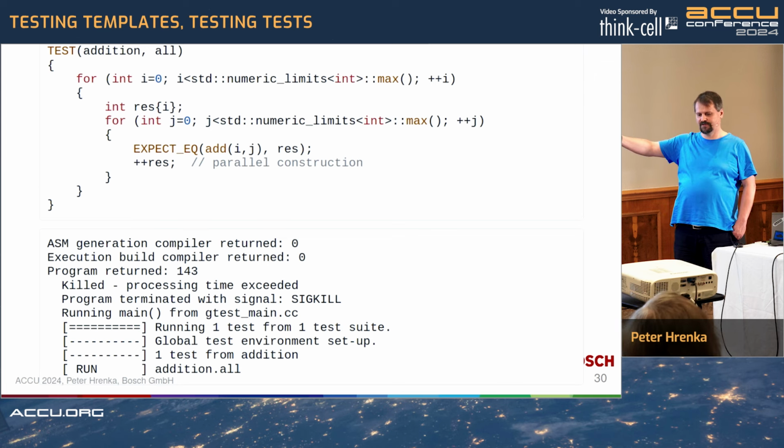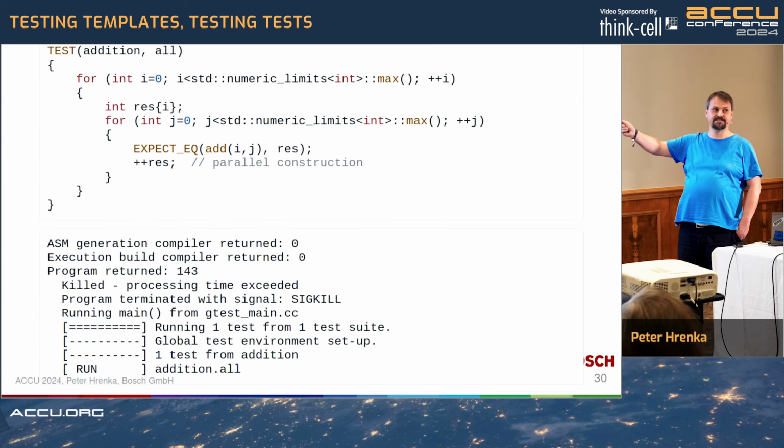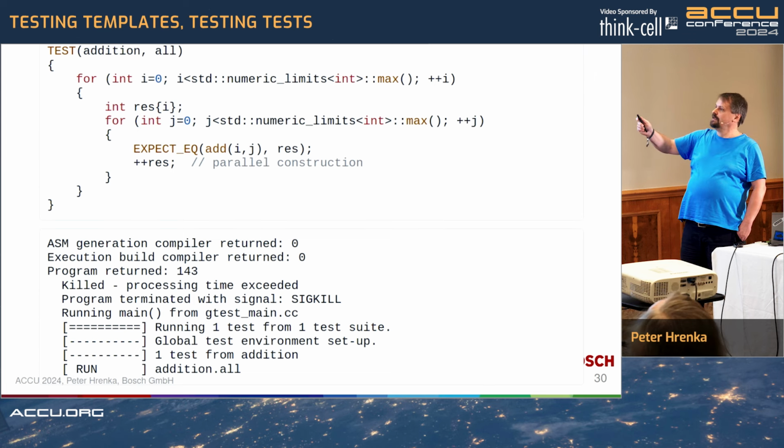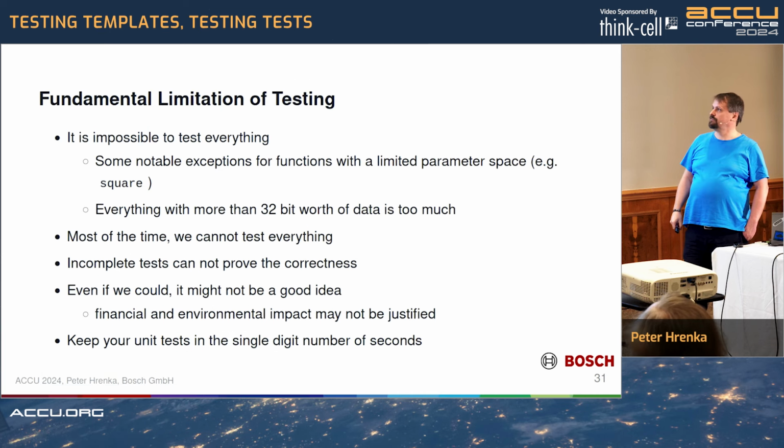Whatever computer you have, if you have one that really can finish this loop, you're really, really lucky, but I doubt it. Here it gets killed after about 15 seconds. So even if we can write code to test it, it will never finish.